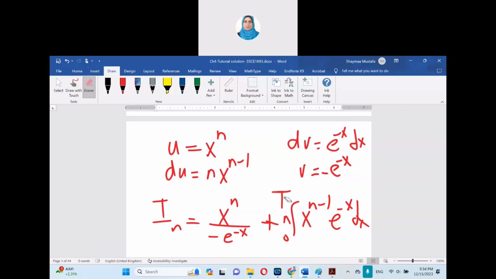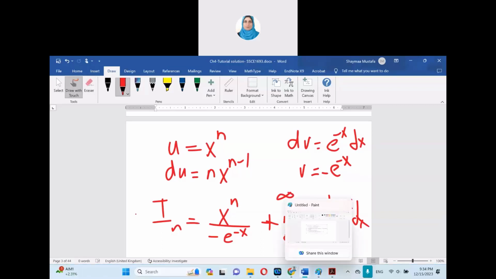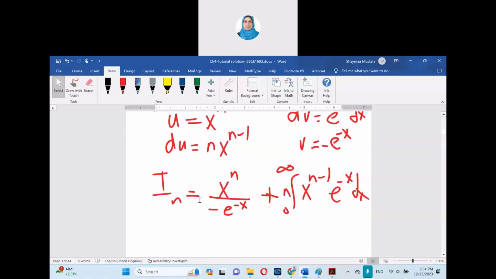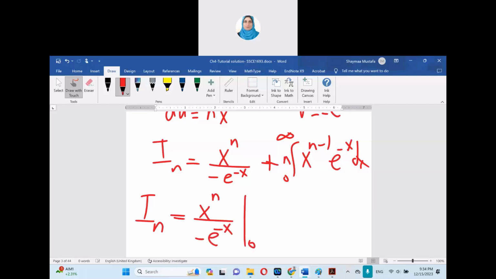I didn't take the limit yet, but that's okay, make this an infinity. Now In is equal to x to the power n e to the power minus x from 0 to infinity plus n times I(n minus 1).